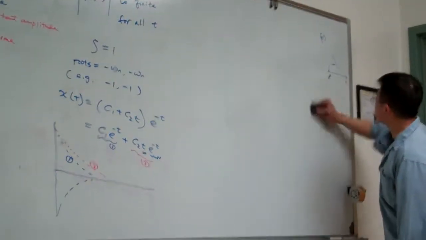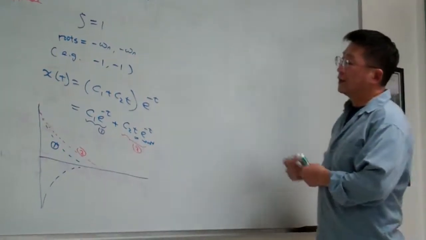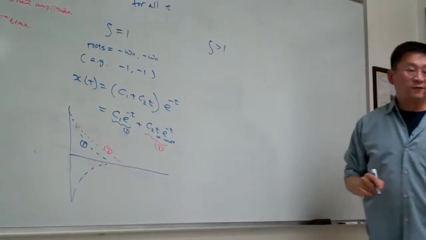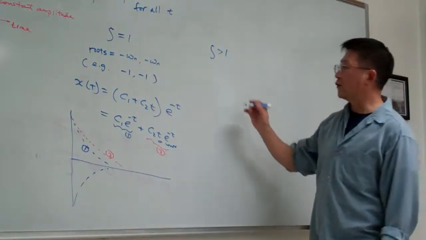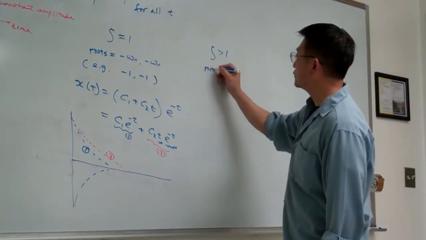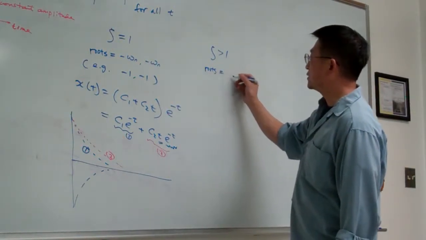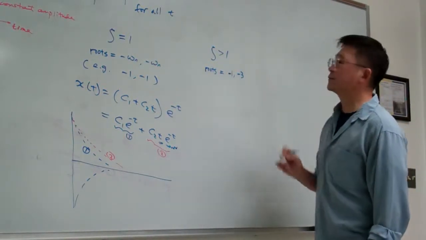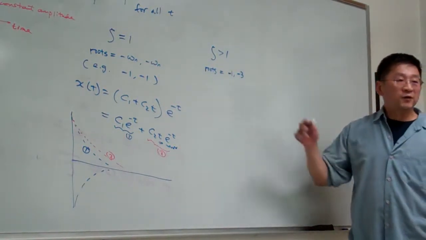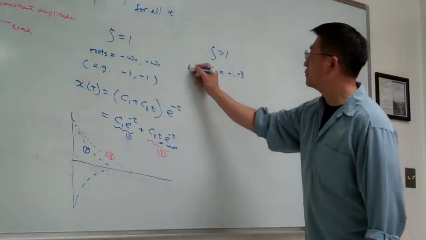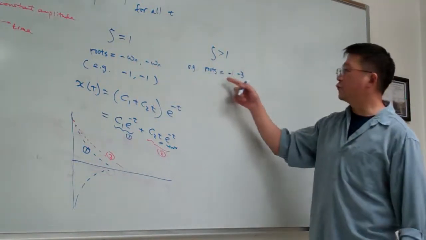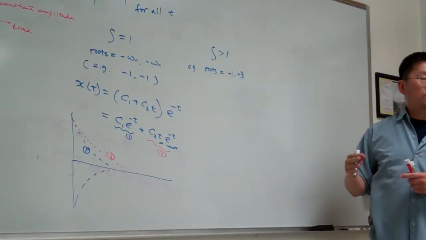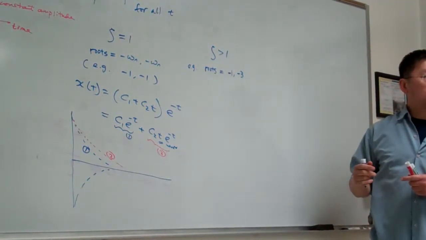Then the last case is damping ratio greater than 1. That is what we define as the overdamped system. For the overdamped system, let me make one example with roots, say minus 1 and minus 2. Let me use numbers, for example. The roots will be distinct, real roots.